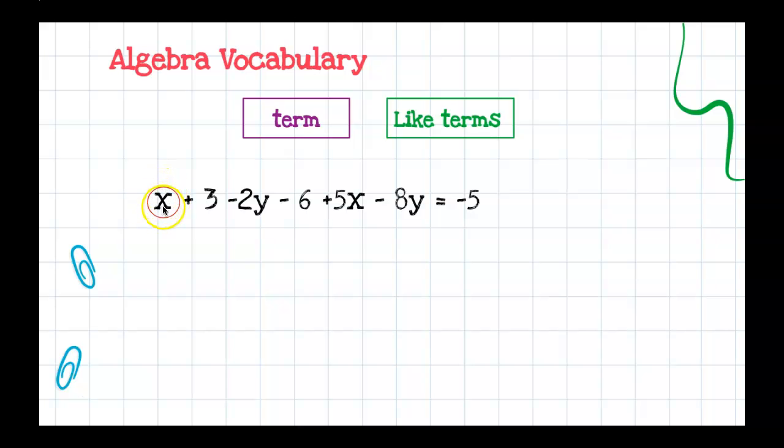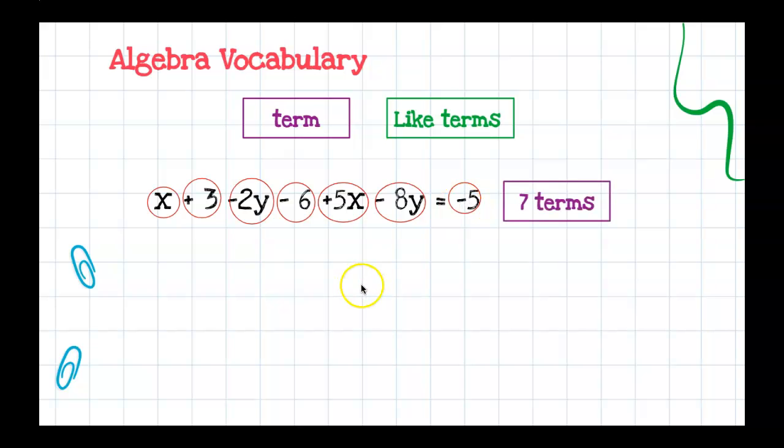So the first term is 1x, followed by positive 3, then negative 2y, then minus 6 or negative 6, then plus 5x, then minus 8y, and then the last one is minus 5. As you can see, I'm separating them by using the plus and the minus. So if we count them all, we have 1, 2, 3, 4, 5, 6, 7. There are a total of 7 terms.